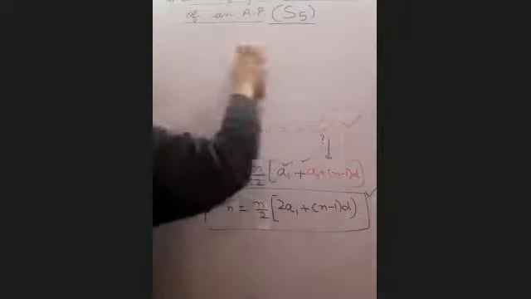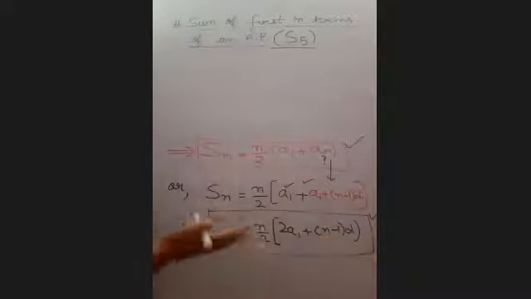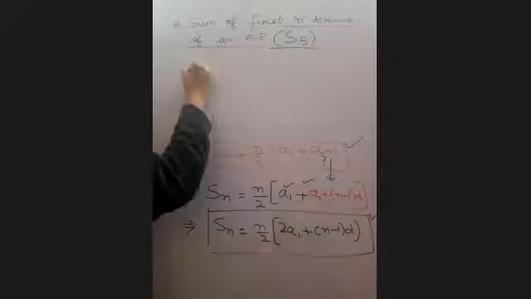I have taken just two APs. You can take any number of APs of your choice. You will always find the beautiful pattern that the vertical sum is going to be the same.